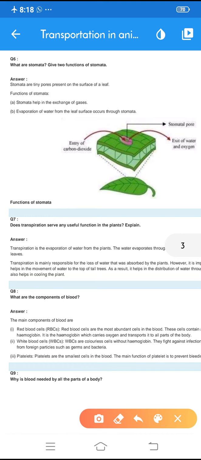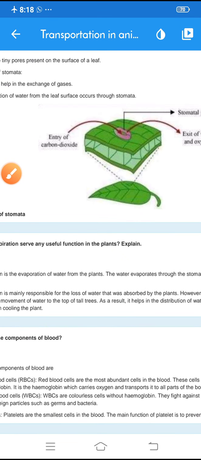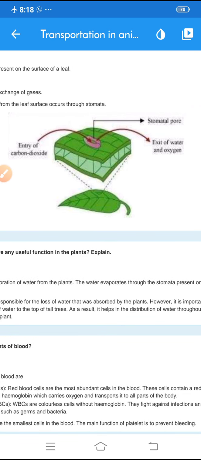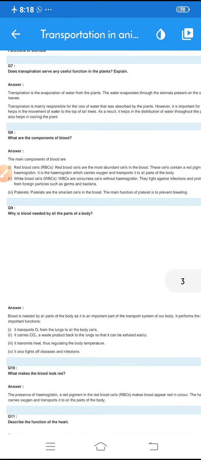So both take place with the help of this stomatal pore. If you take a small section of a leaf under the microscope, you will see the stomatal pore like this. Now let's go to question number 7.